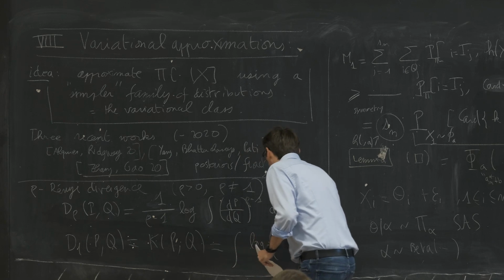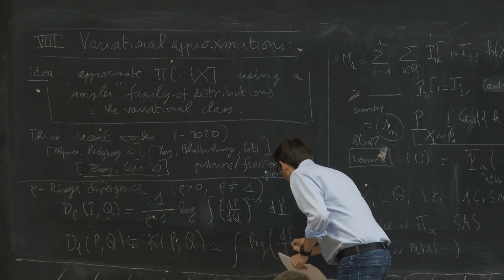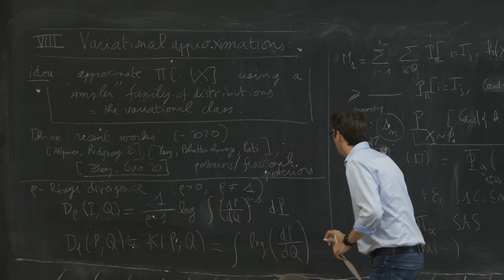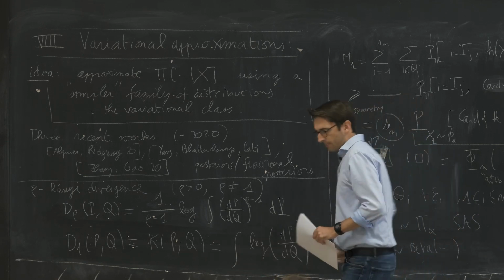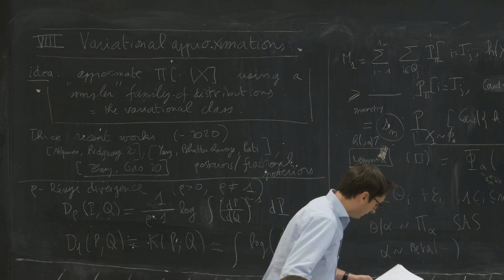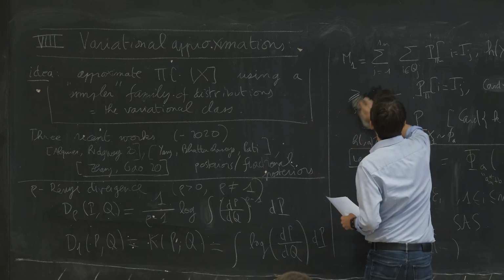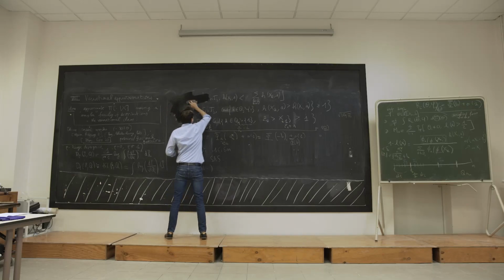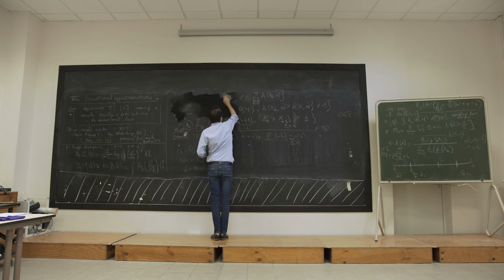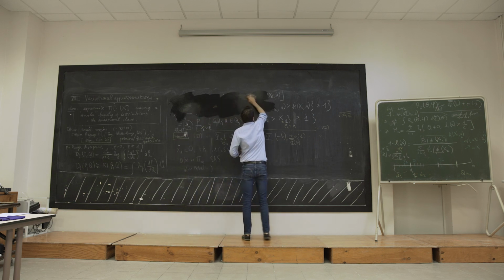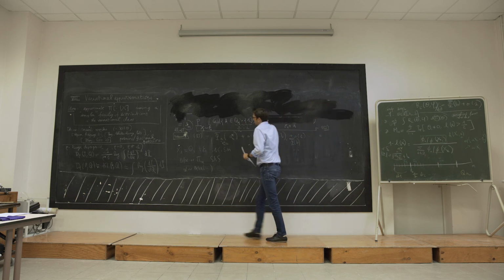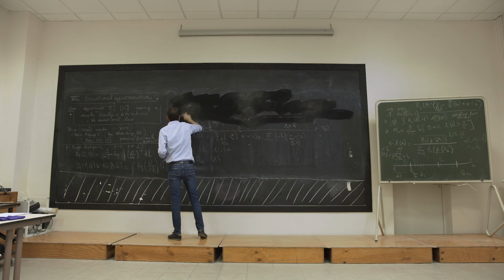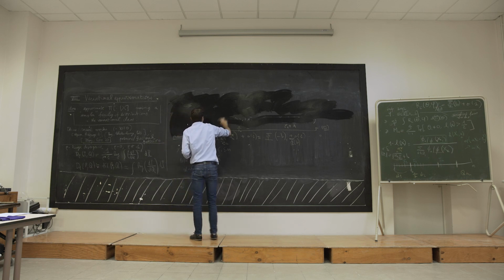Okay, log dQ over dP, dP. So that will show up frequently in the statements and proofs. And so let me define, so now I just gave the ideas, but the definition will be exactly what I wrote more or less.